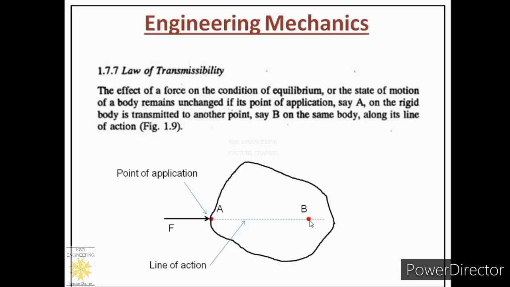If I shift this force from the first point of application to the new point of application, then what will happen? The net effect will remain the same. That means this body will still move with an acceleration of 10 meter per second square. This you should keep in your mind. This law is very helpful when we solve problems related to force systems.